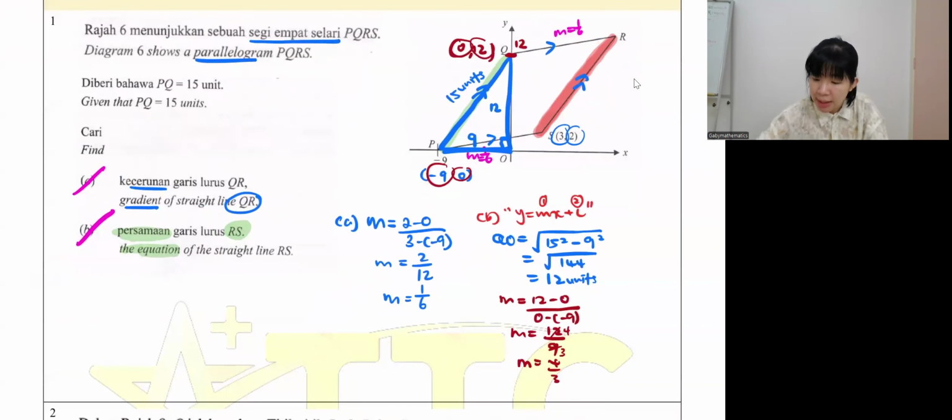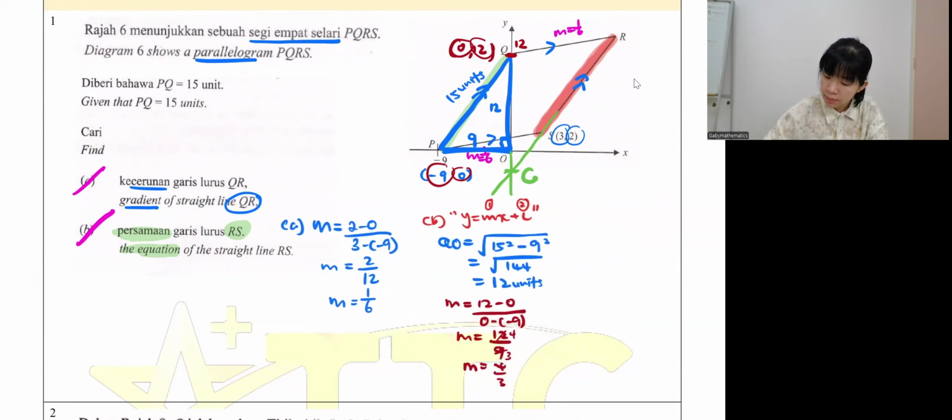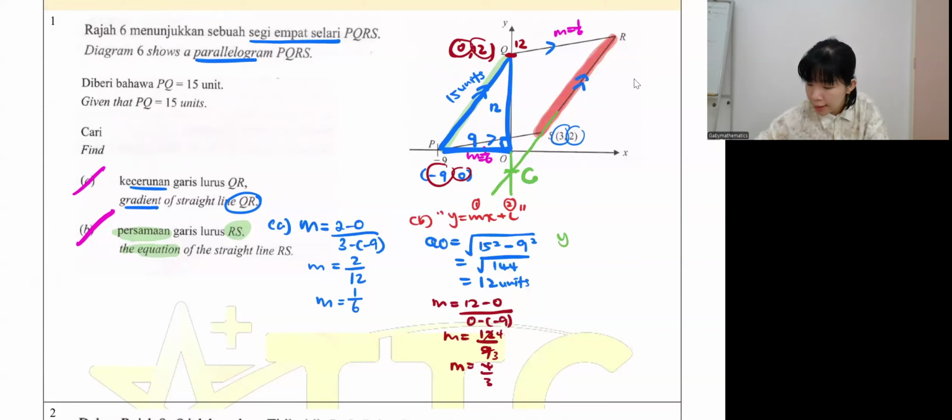For line RS, check the diagram and see. To find c, you need to extend the line longer until it touches the y-axis. This is c, correct? It's not given. So if it's not given, how? Along this line, you can take one of the coordinates. Here we have S, and we use this coordinate to find c. y equals 4 over 3x plus c, and c is unknown, so substitute a point.